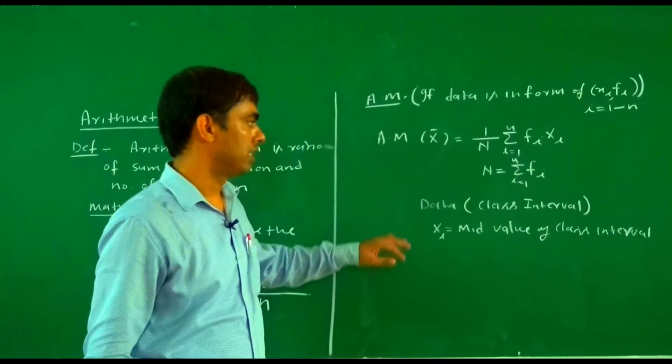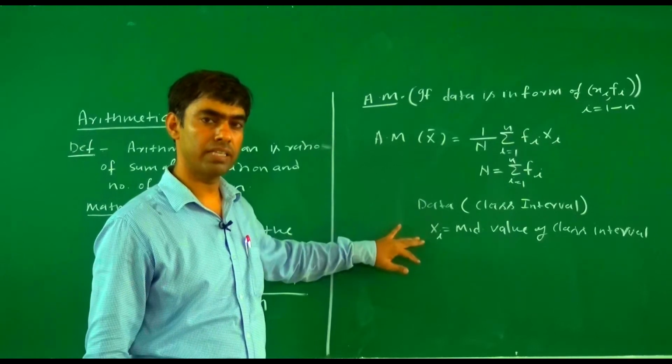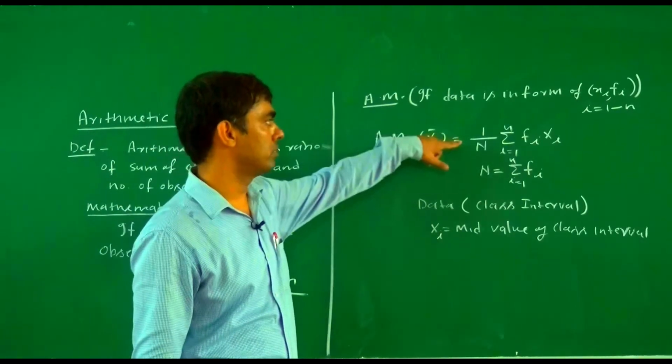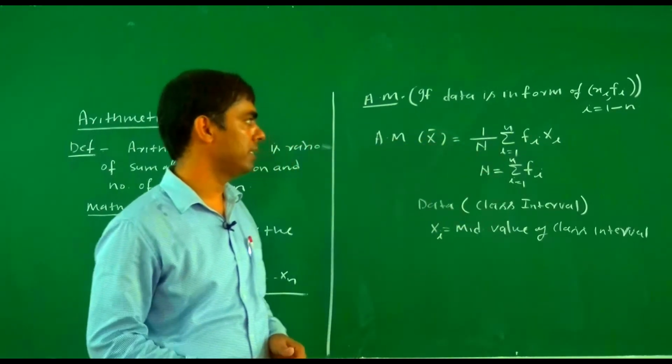So if a class interval is given, then we find the mid values of the class intervals x1, x2, x3 up to xn. Then in this way, arithmetic mean equals 1 upon N summation of fi xi.